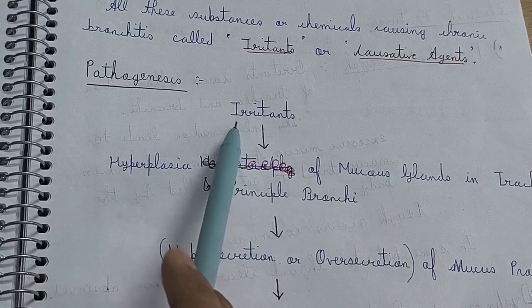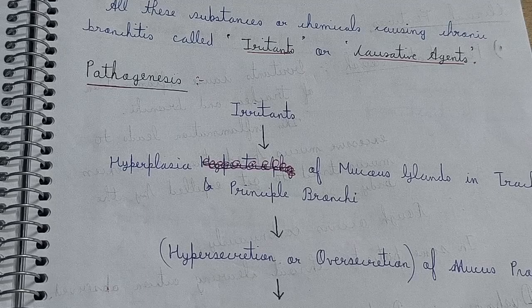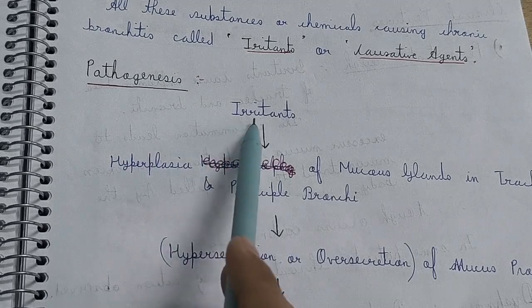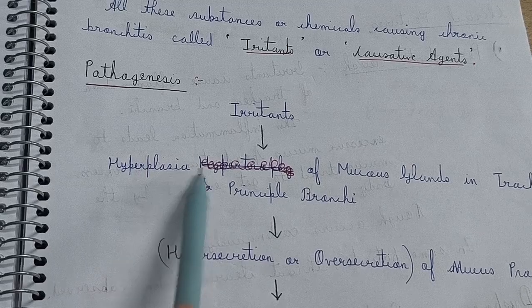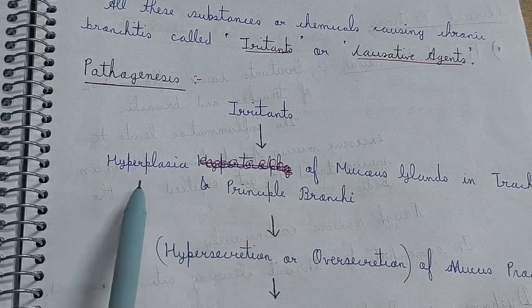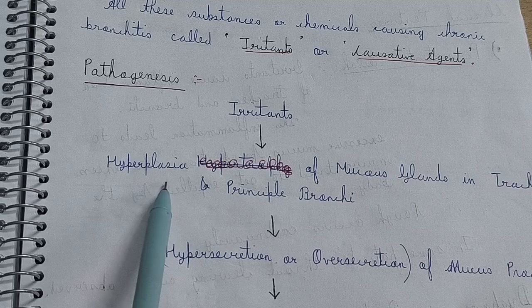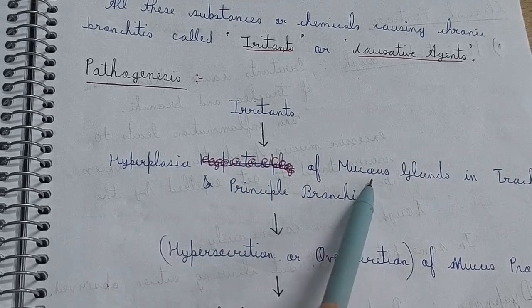And how this is done, you can easily relate with the help of the microscopic structure. So see, the irritants are there, and these irritants cause hyperplasia of mucous glands in trachea and bronchi. Hyperplasia means an increase in the number of mucous glands, as you have noticed.